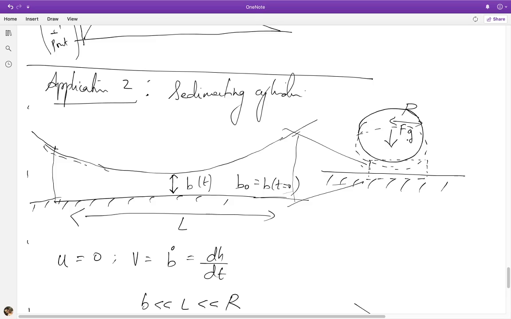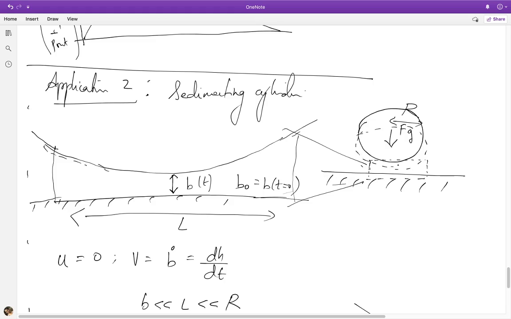So the only balance is now between gravitational forces and the forces due to viscous stresses and pressure forces. Once again, remember that the pressure forces in the thin gap region, however, are 1 by epsilon times larger than either the outer pressure forces and the viscous stresses themselves.